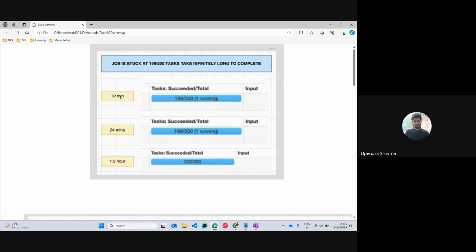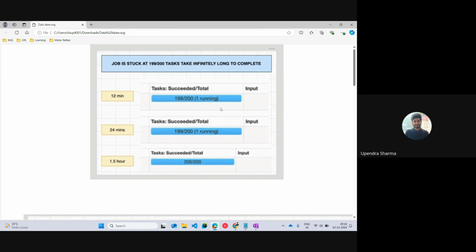But as we can see over here, the 199 jobs were completed in just under 12 minutes. But the last job, only one job, took around 1 hour, to be exact 1 hour 18 minutes, to complete. So this is clearly a situation where data skewness is there, because one partition took way more time than the other jobs.